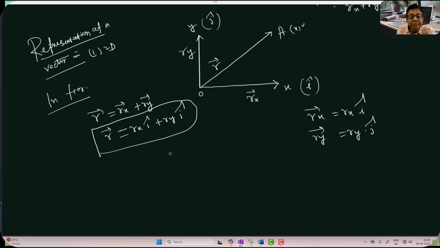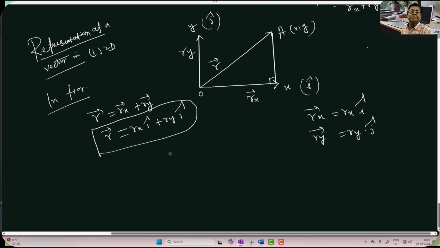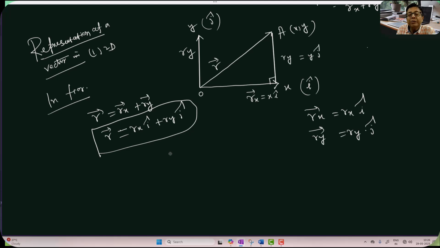Now assume that this tip has coordinates x, y. Then from here you draw the perpendicular on x-axis. I am going to do the coordinatization of the vector. If the tip has the coordinates x, y, then can't I write Rx equal to x into i cap, Ry equal to y into j cap?